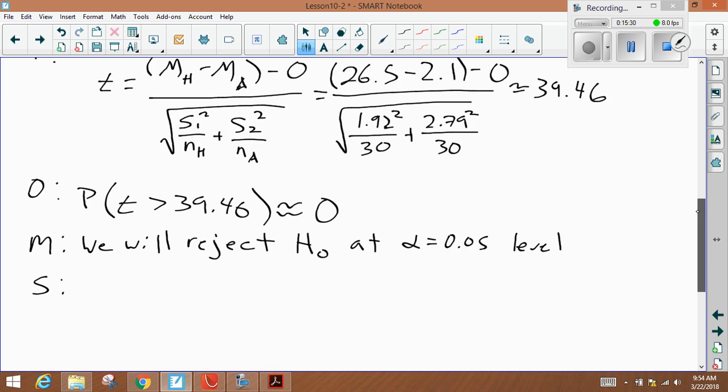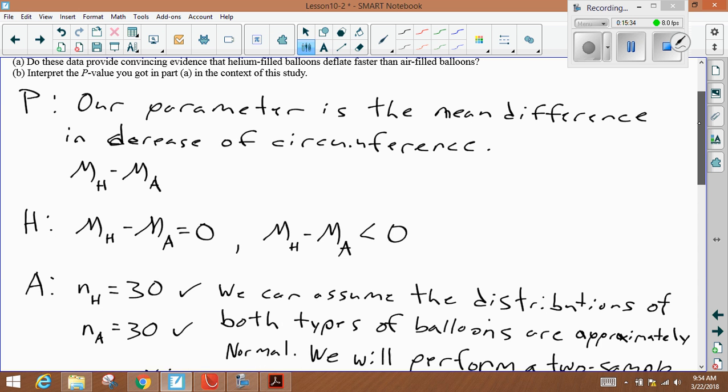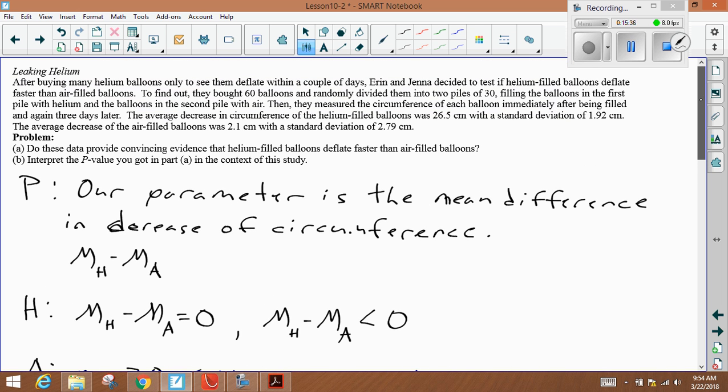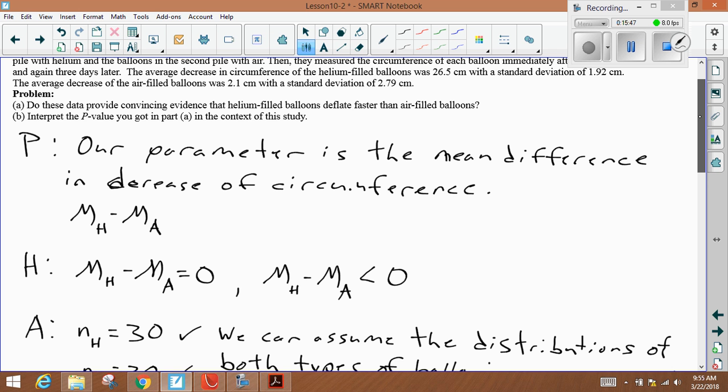What in the world were we talking about? Evidence that helium balloons deflate faster than air-filled balloons.